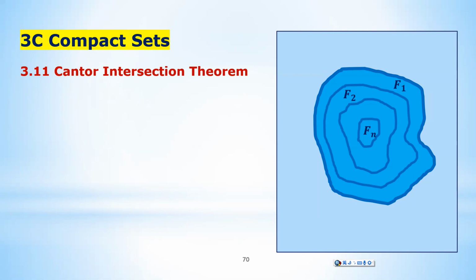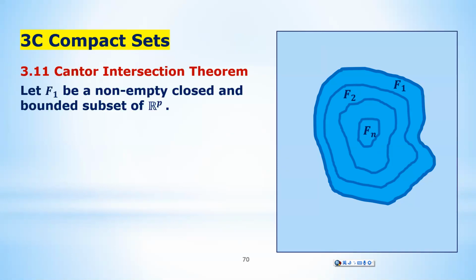If later I have extra time, I can present an additional lecture on this. Now, what is the Cantor intersection theorem? Let's recall the nested cell theorem. The nested cell theorem says that if you have nested closed cells, the intersection will be non-empty.